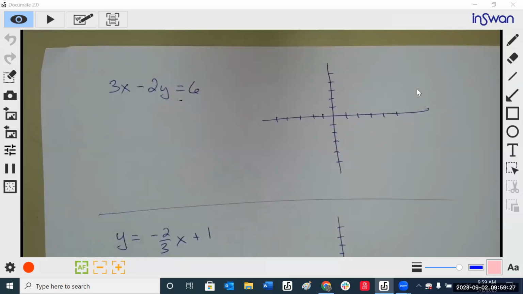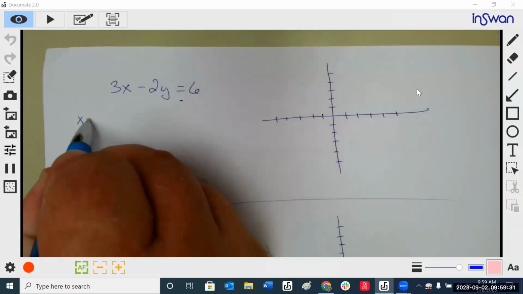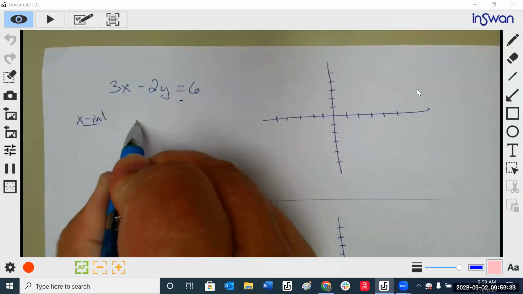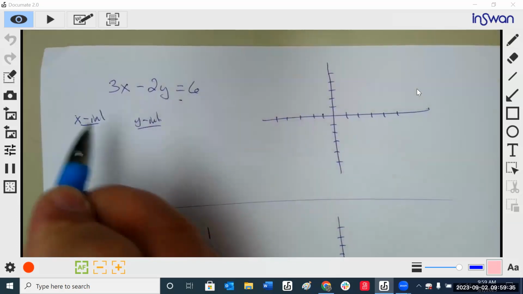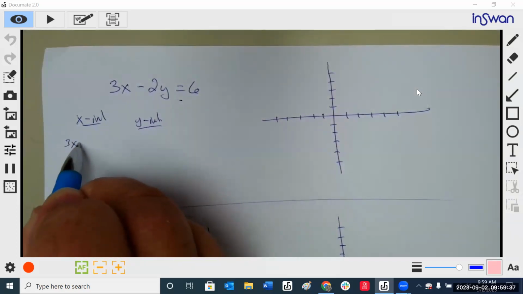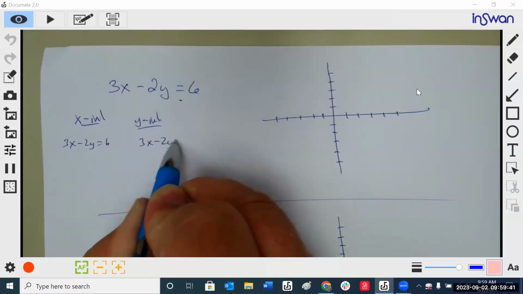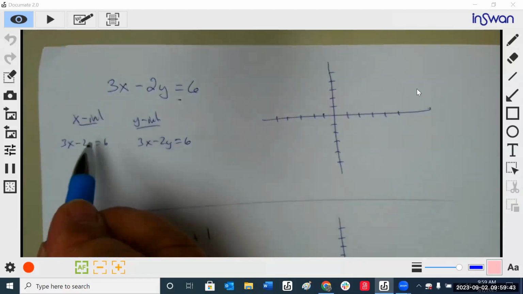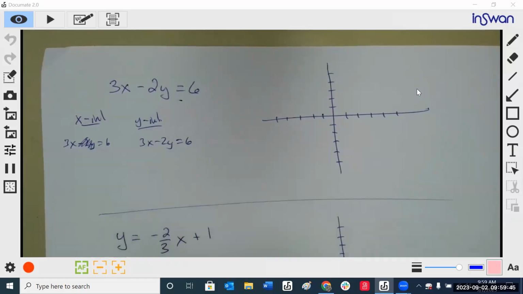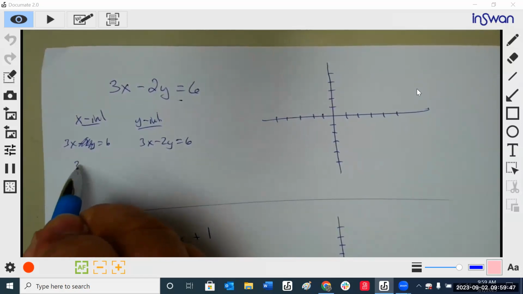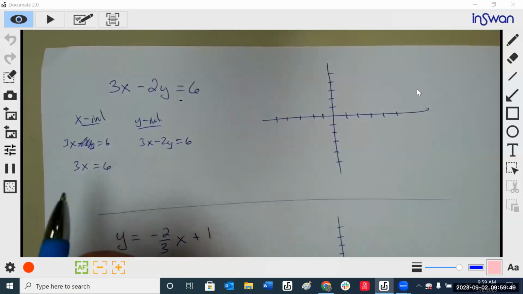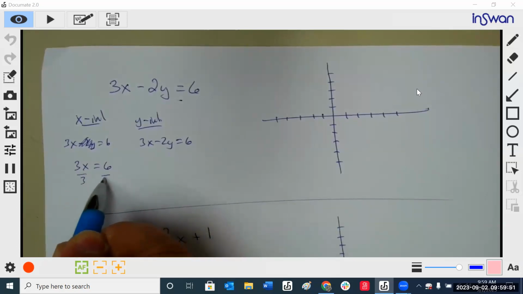Yeah, first, if you can, always try to find the intercepts first. For the x-intercept, set y equals 0, so let's get rid of the y. So x is equal to 2.